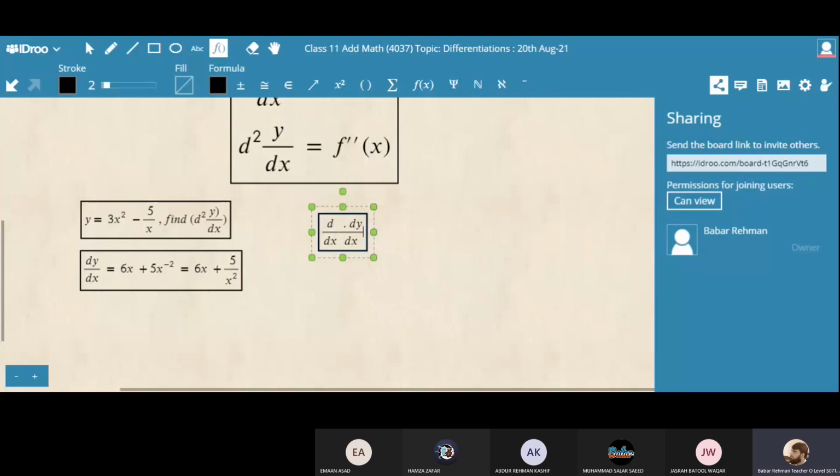Now we find the second derivative d square y upon dx square. What is the second derivative now?